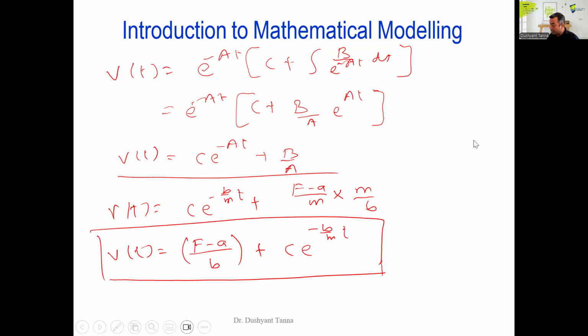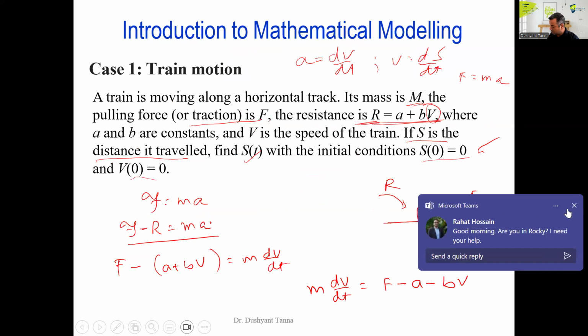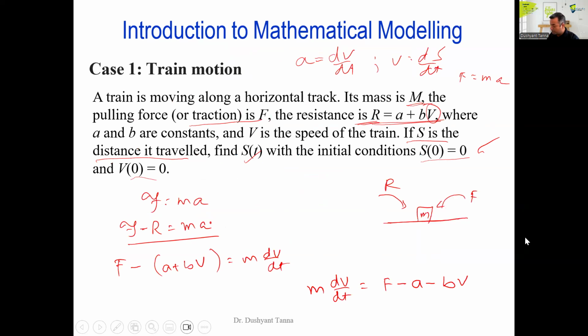Now, remember we are given some initial conditions. These were the initial conditions: S of 0 is 0 and v of 0 is 0. We will use that, right?